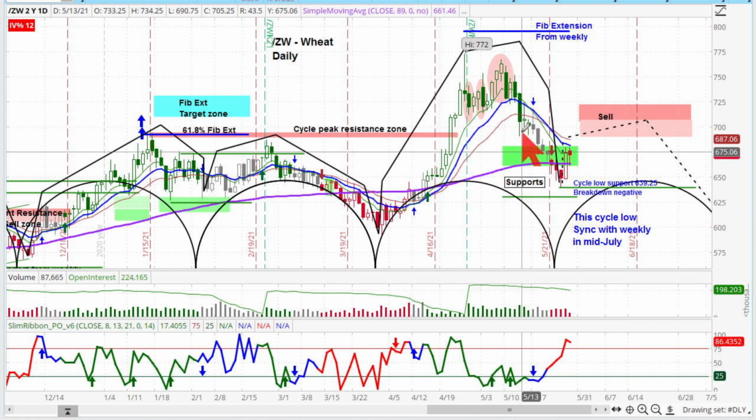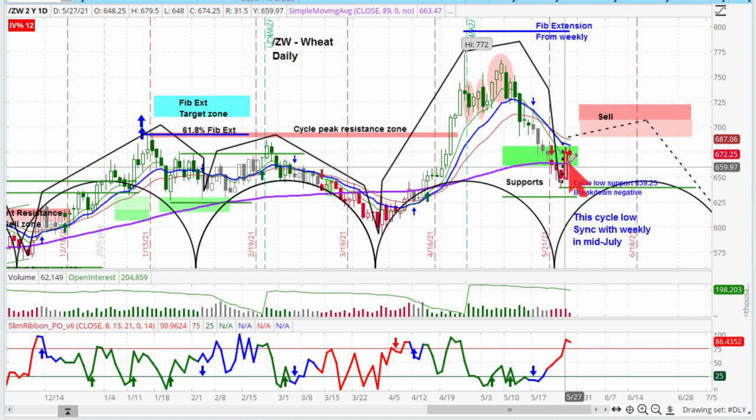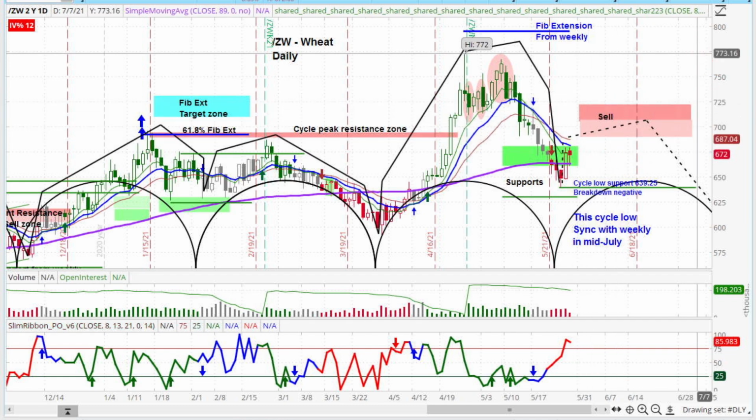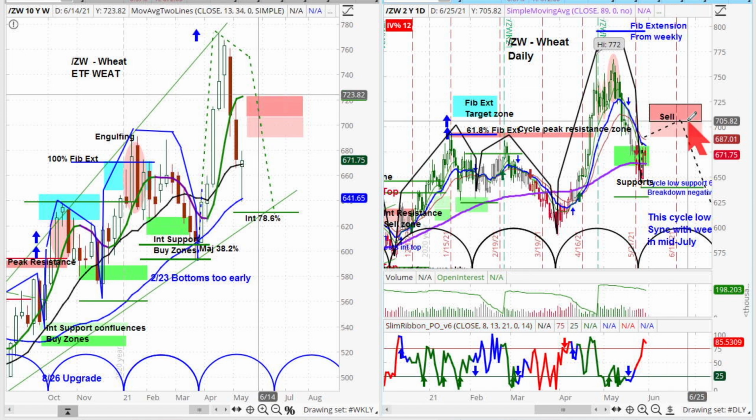Here you see it turn neutral, and now it's negative. So in other words, we're getting a rally under a negative momentum condition. Here's that sell zone that gets created. Now I'll look at the side by side, and you can see that what this is setting up is a potential short-term short.